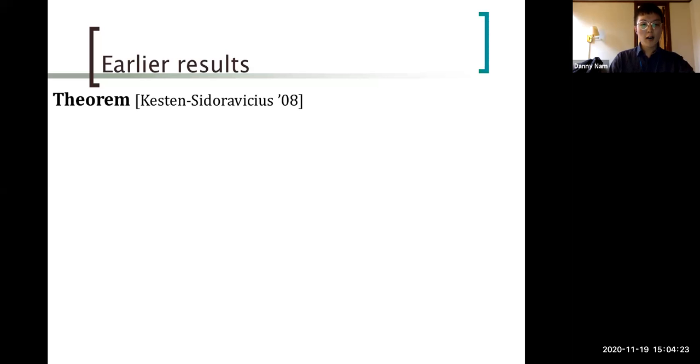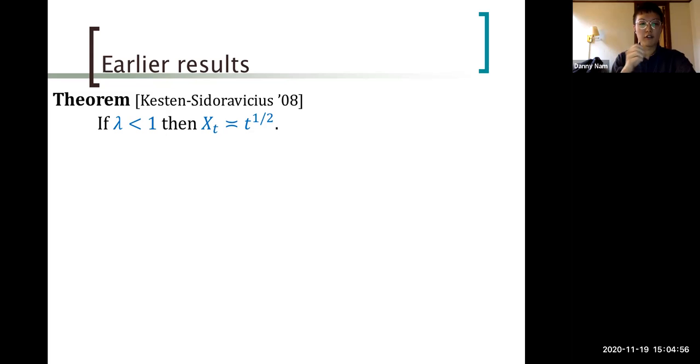So back in 2008, Kesten and Sidoravicius showed that when lambda is less than 1, then xt scales like square root of t. And the intuitive reason is the following. If xt was L, then that means this aggregate has absorbed at least L particles. But since your density is less than 1, the Lth particle is located at position L over lambda, which is a linear distance in L away from the aggregate.